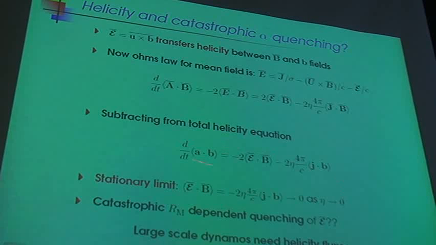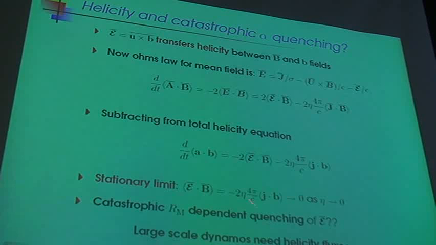But now if you look at one of these equations, you have the following interesting thing to see. Suppose you are driven to a stationary state of your dynamo, where d by dt of this goes to 0. Then what it says is that this turbulent EMF term, the 2 should not be there, should just go as minus eta j dot b.